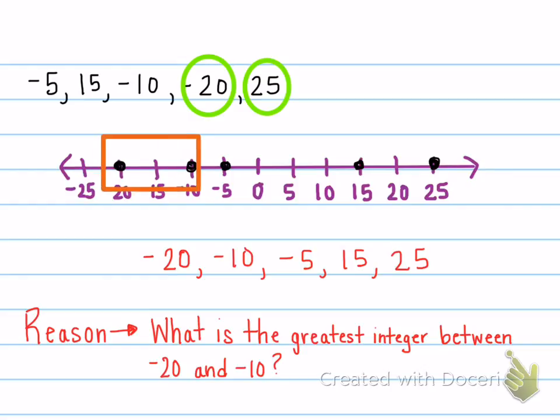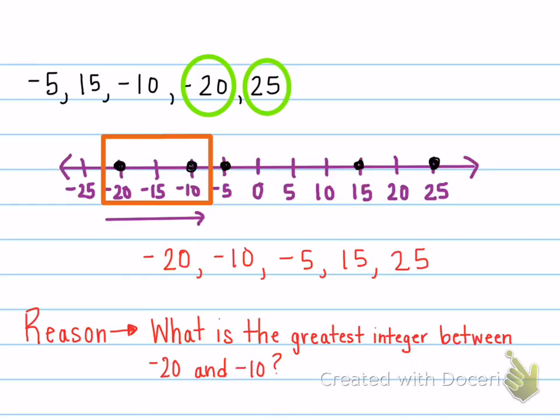So I'm looking at this section of my number line right here. And I remember that numbers get bigger from left to right. So if I'm looking for the greatest integer between -20 and -10, I know that it's going to have to be further to the right on the number line.